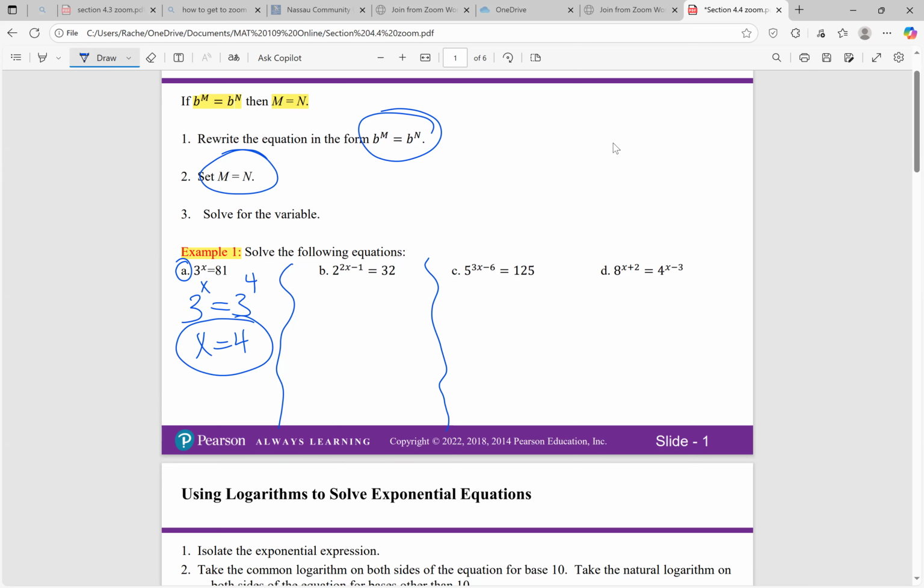So what if I rewrite this as 2 to the 2x minus 1 is equal to 2 to the fifth, because 2 to the fifth is 32? Now I have both sides written in the same base, which means that the exponents are going to be equal, right? So this means that 2x minus 1 is equal to 5.